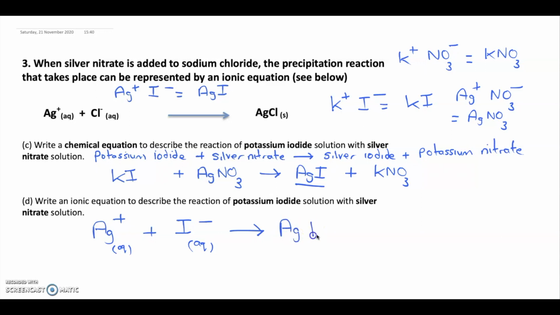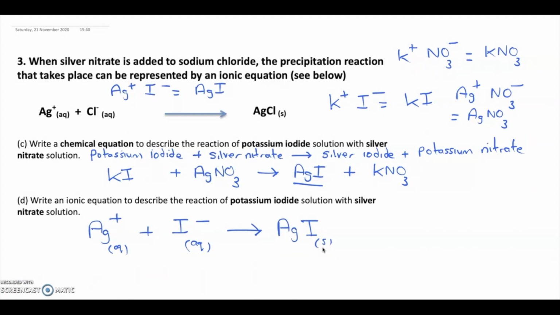And we form the insoluble salt, silver iodide, which is AgI. I'm putting the state symbol s to show that it's a precipitate. Now it's important to remember that when writing chemical formulae, chemical equations or ionic equations, you don't have to learn the ions. They are given to you in a table in the exam paper.